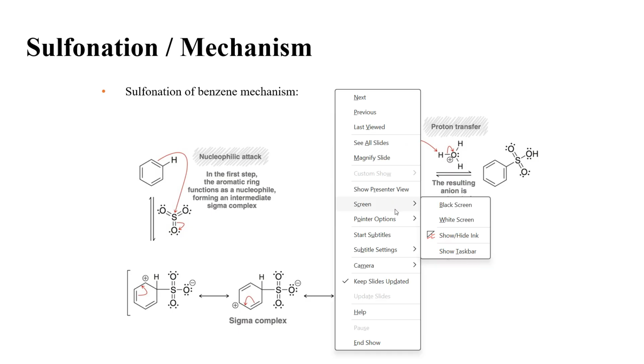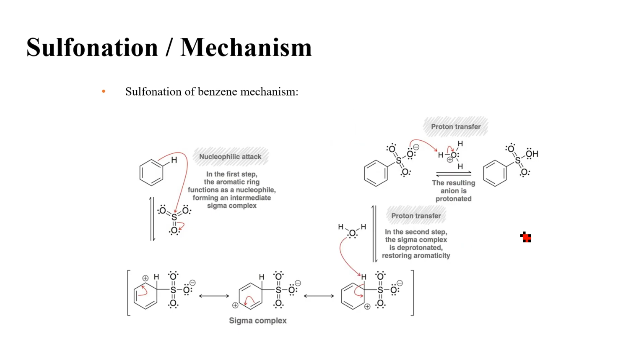And the way that we wrote this out earlier in the previous slide was like this. Right? And now you know where that H comes from. That H is that H. So that's pretty much it for sulfonation.